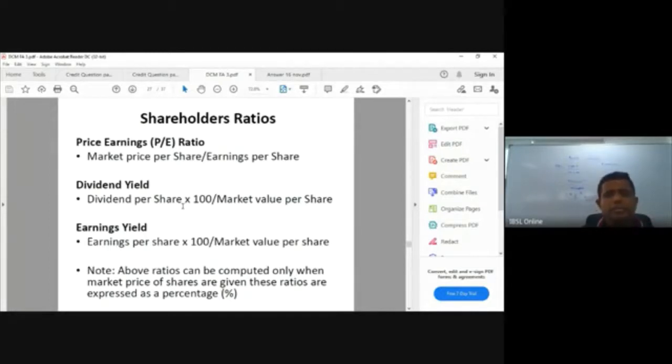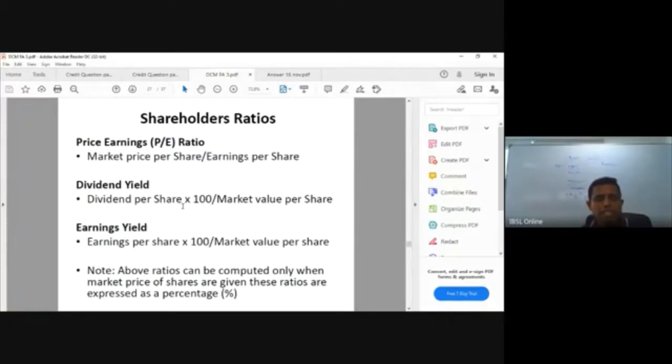Market price per share is the investment you have to make to purchase a share, and earning per share is the return. In this ratio, PE means the number of years that you have to wait to realize your investment.